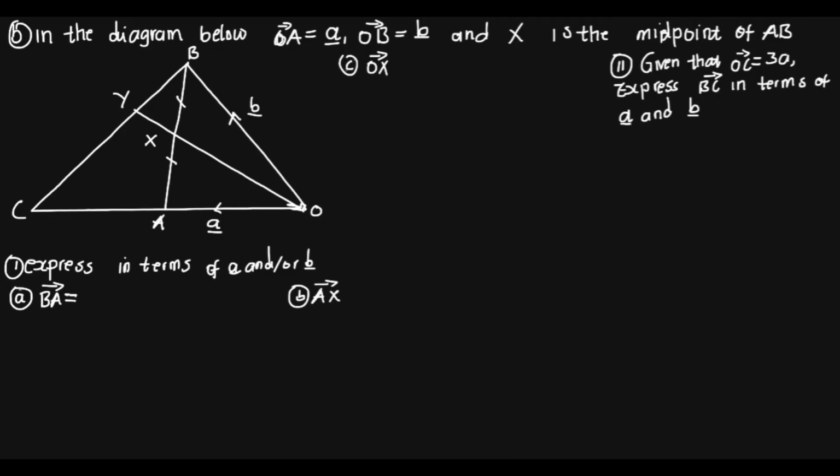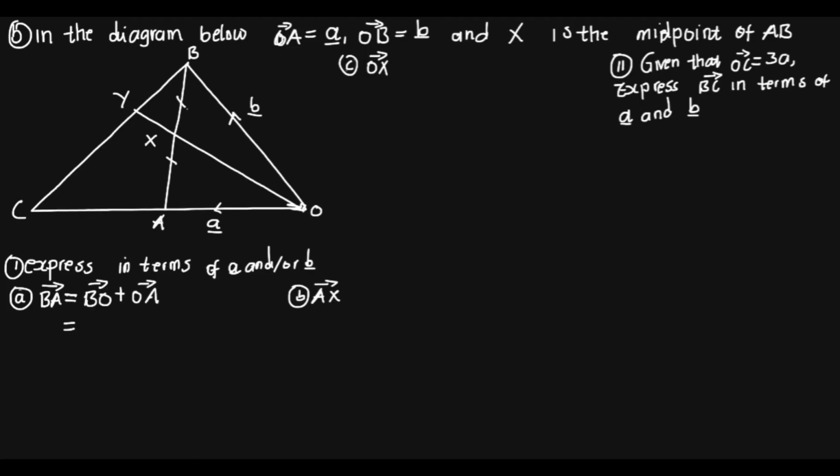So whenever you are dealing with vectors, you need to find where you are going to, and the routes you're going to pass should be values. So we can say that we will move from B to O and O to A, since these contain the values. Okay, so now let's begin. So vector BA is equal to BO plus OA.